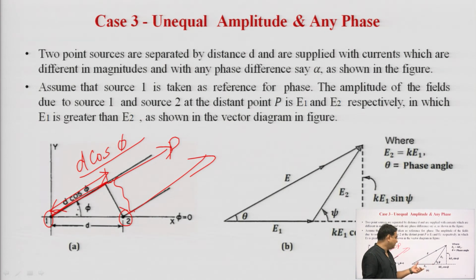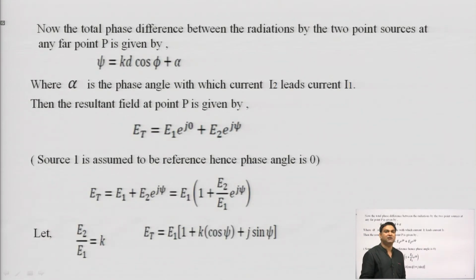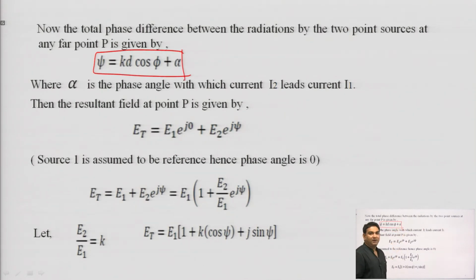When we put this particular diagram for our consideration, we calculate the resultant radiation electric field intensity this way. This is the phase difference produced just because of the distance or spacing d.